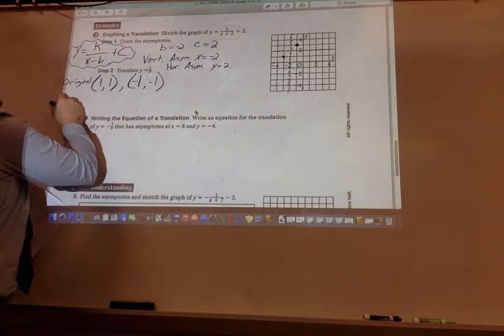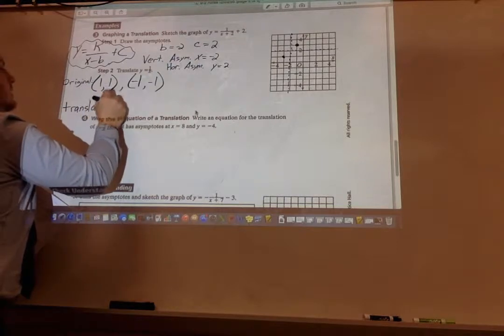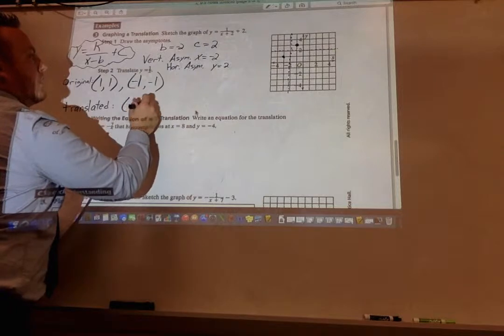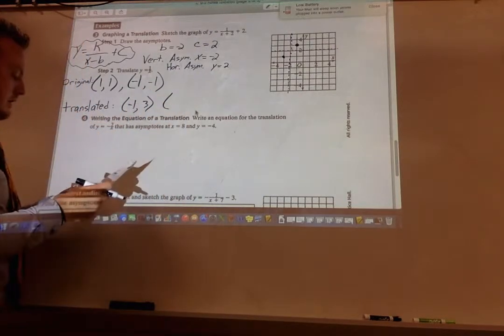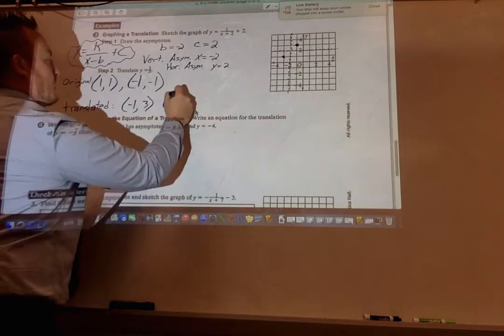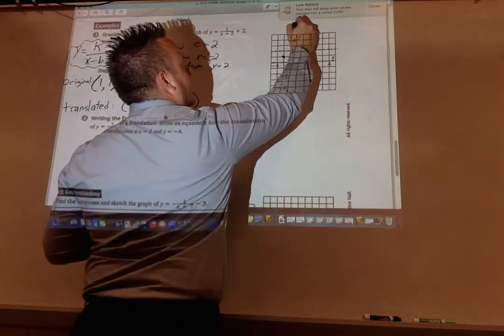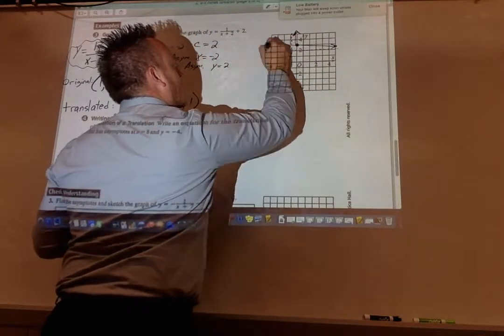So the translated points, sorry, I know I'm jumping around here a little bit. The translated points are at -1, +3, and at -3, +1.